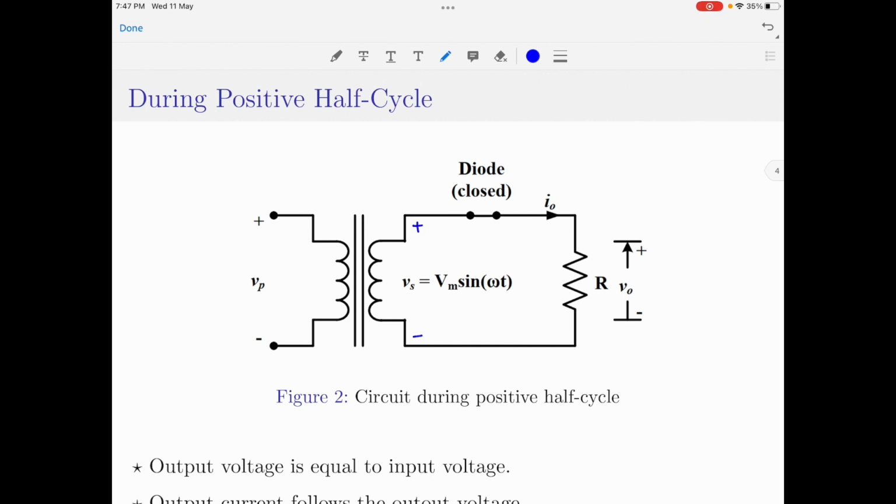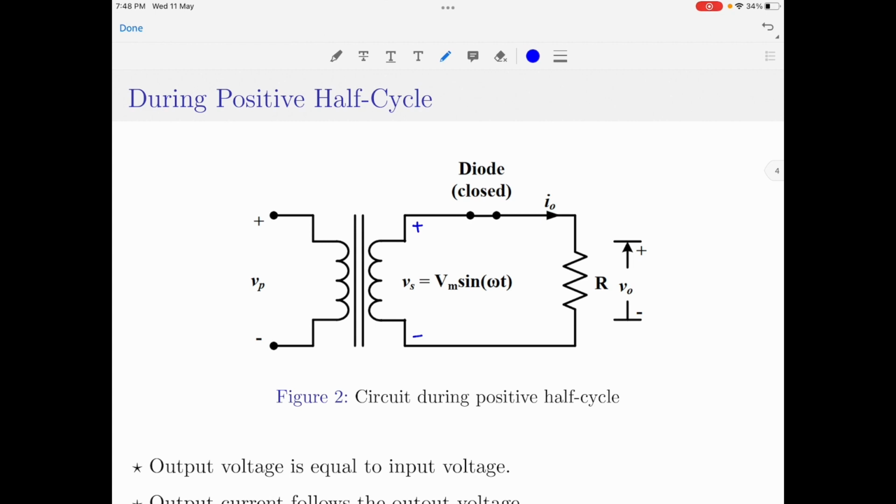Since we have assumed a lossless diode, the output voltage V0 is equal to the input voltage Vs. Further, let us also assume the direction of the current shown here as the positive current direction across the load. So, in the positive half cycle of the input supply, both the output voltage as well as the output current are positive.